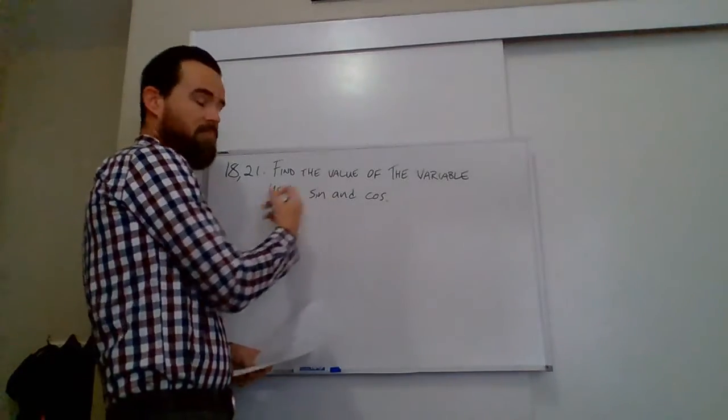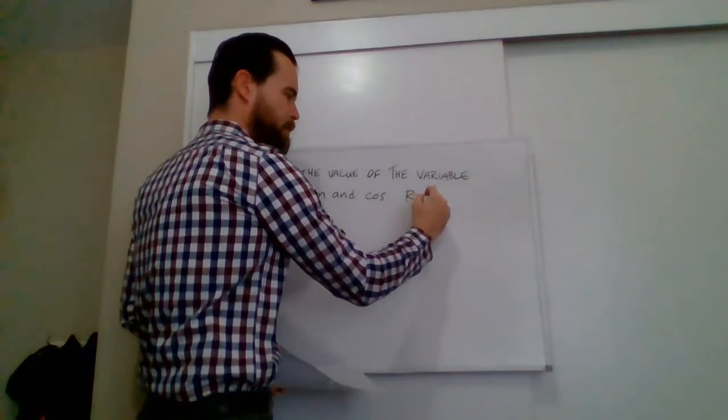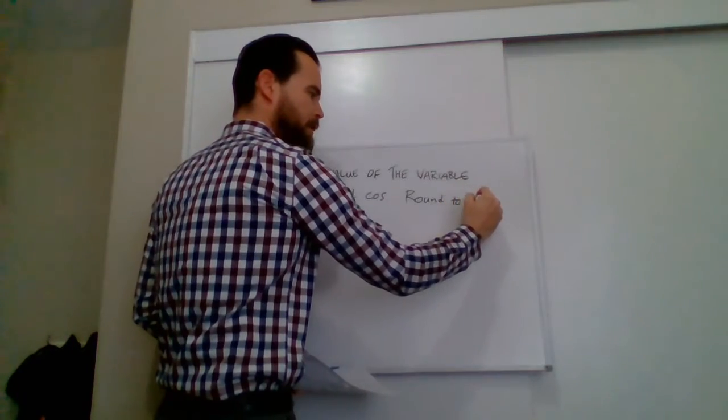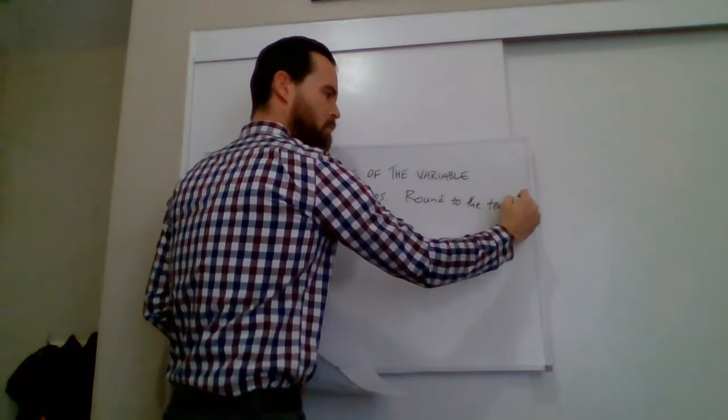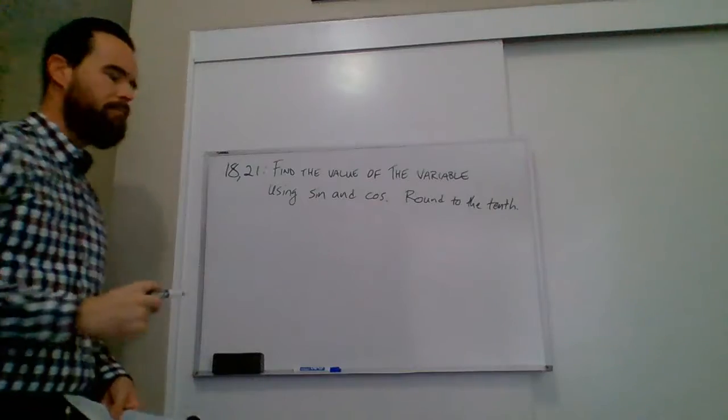Since we're finding side lengths, they want us to round to the nearest tenth. All right, sounds simple enough.